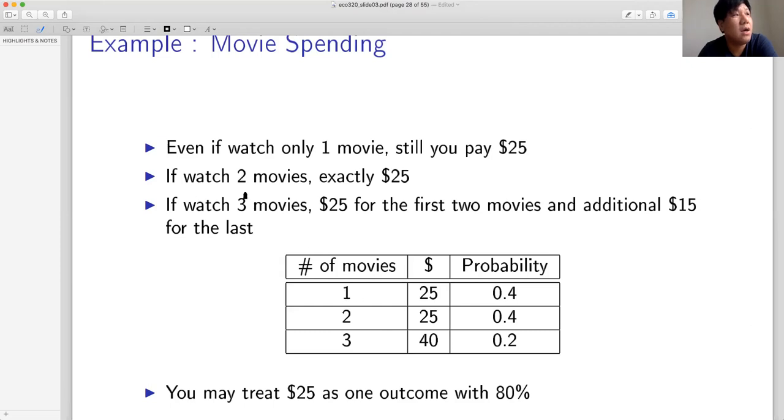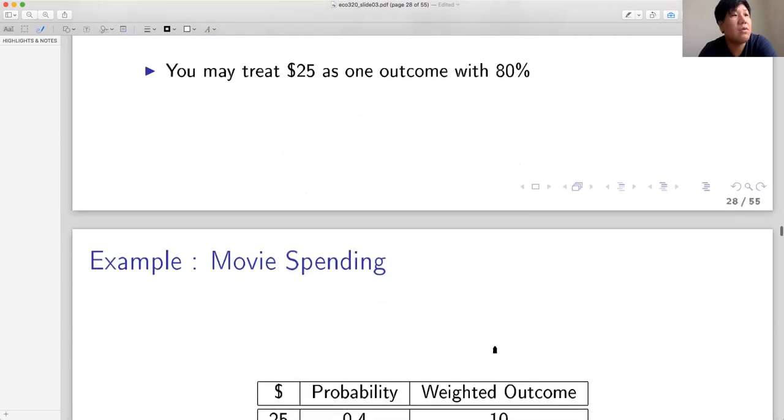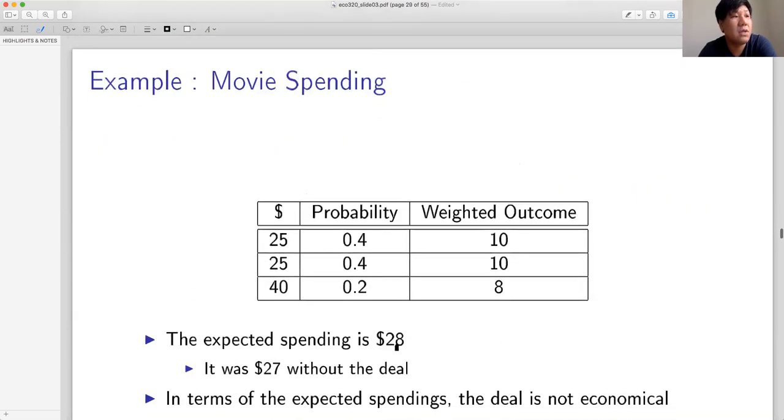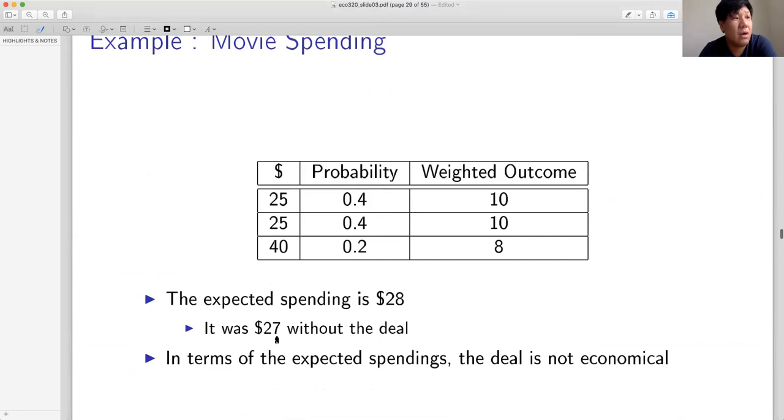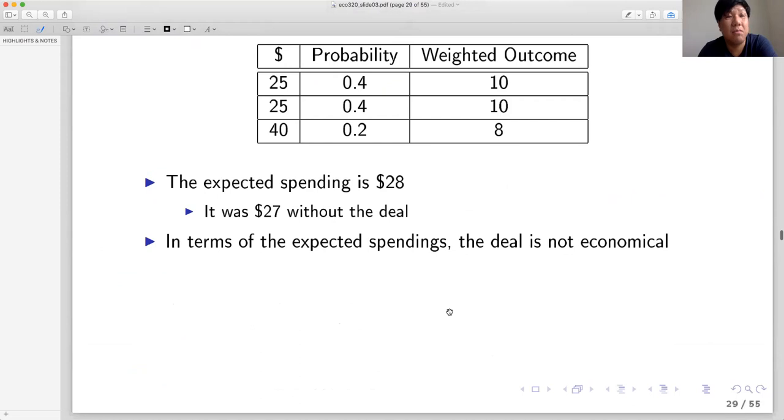Even if you watch only one movie, you still need to pay 25. So the expected cost is 25 and 25. And if you're watching one more, 25 plus 15 is 40 bucks. And multiply them, it would be 28 bucks. So it was 27 without the deal. So you don't want to take the deal based on these probabilities, right?